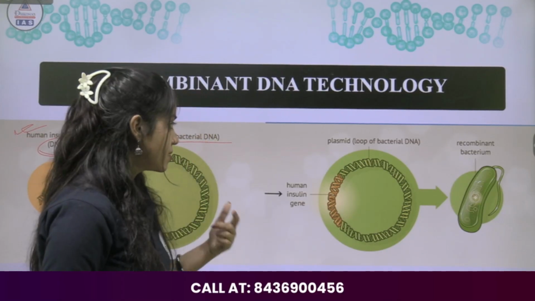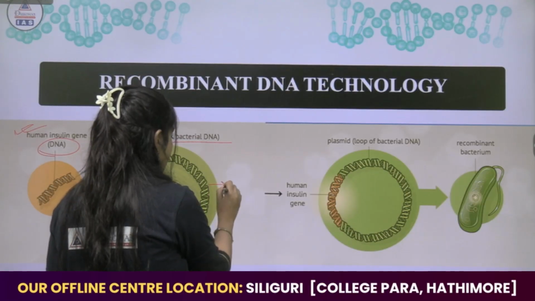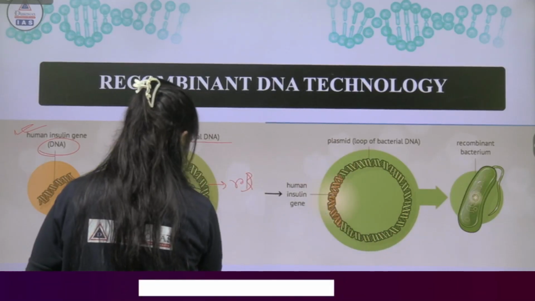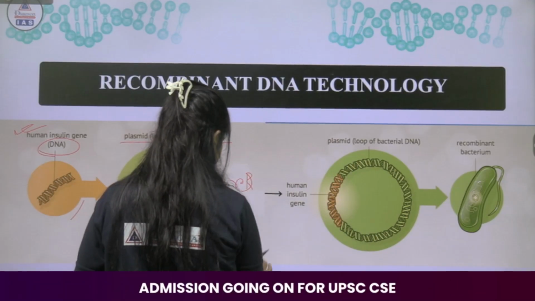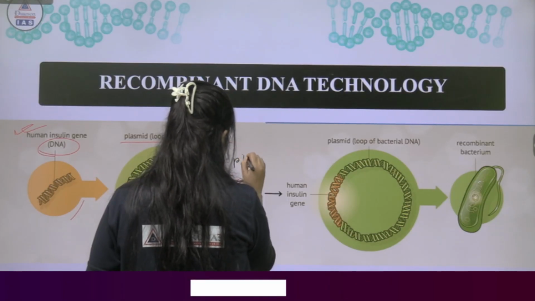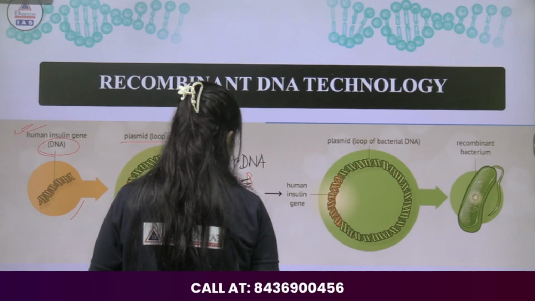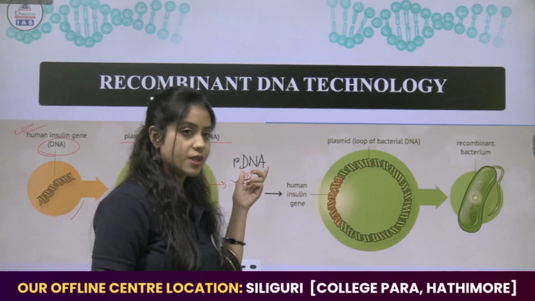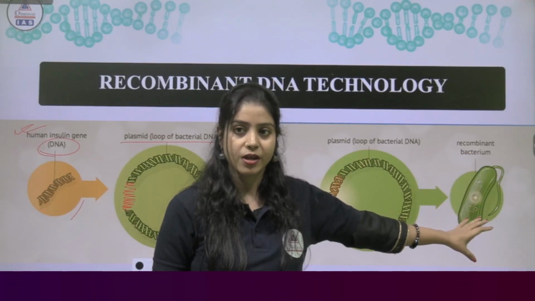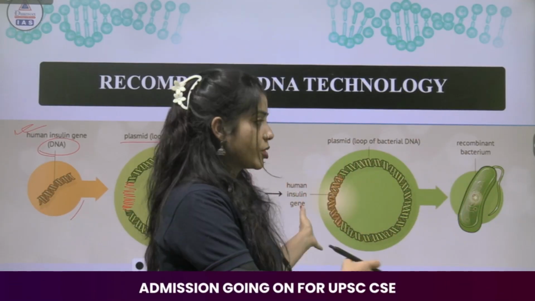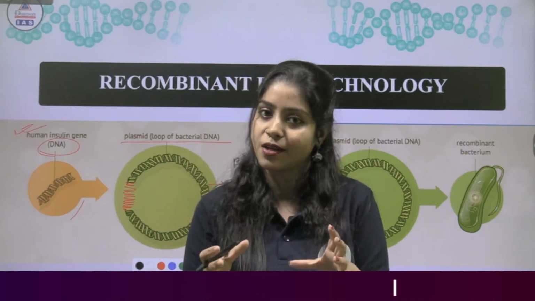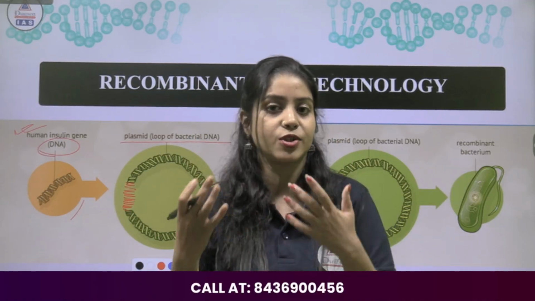Now this rDNA, recombinant DNA, is going to shift into the bacterial cell. After it is incorporated in the bacterial cell, the cell will have the information to synthesize the insulin hormone. Now they will produce insulin hormone.